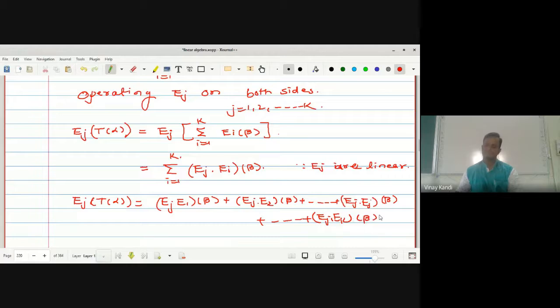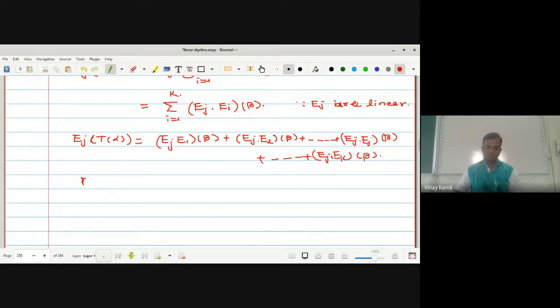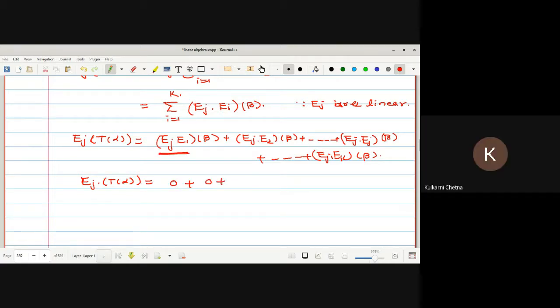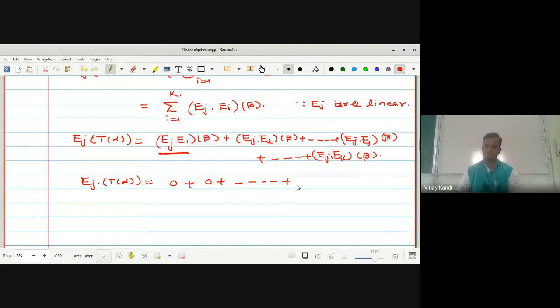Is it correct? Now what is the value of the cross terms? 0. And this one is E_j squared, which is the Kronecker delta. So E_j squared of beta plus 0 and so on. So E_j of T of alpha is equal to E_j squared of beta.